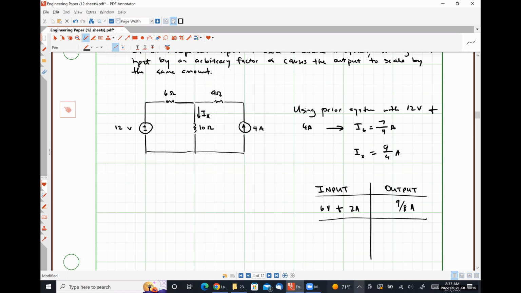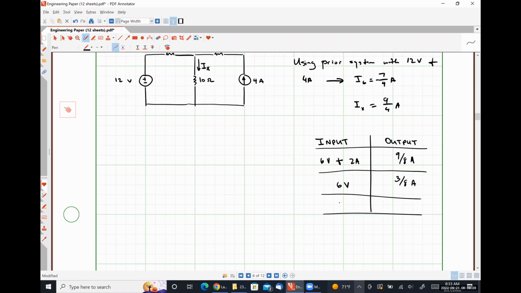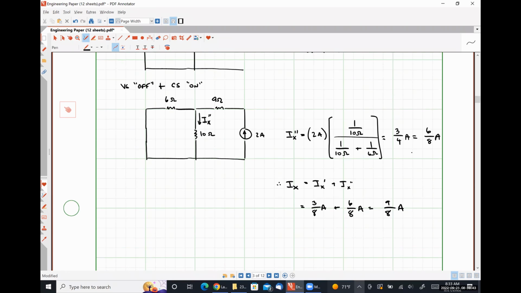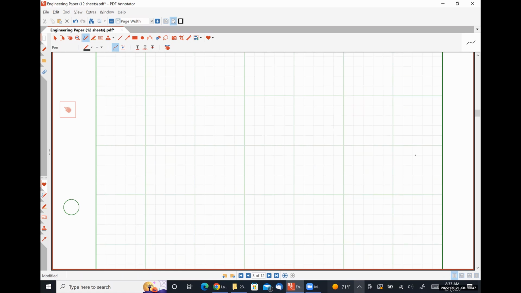Then we solved the circuit with the 6-volt source on by itself and found that the output was 3/8 of an amp. Then we solved the circuit with the 2-amp source on by itself and found that our output was 6/8 of an amp. Let me just double check to make sure I got that correct. Yeah, so 3/8 with the voltage source on, 6/8 with the current source on.